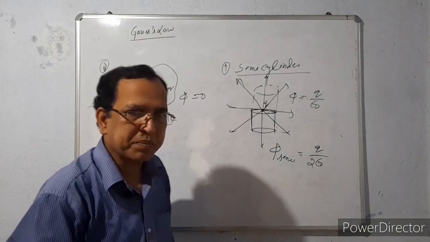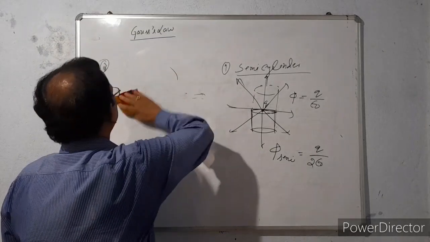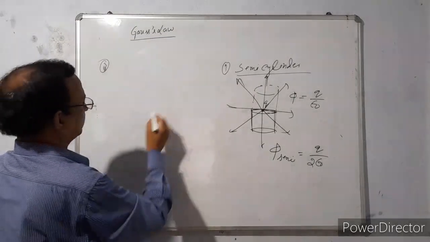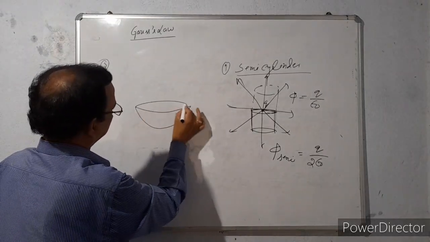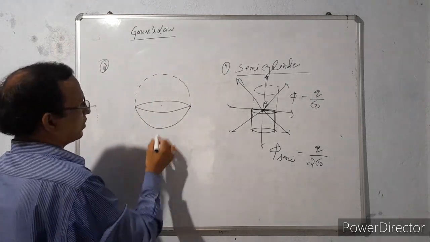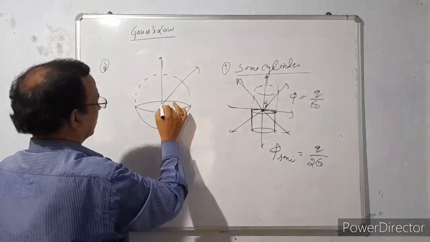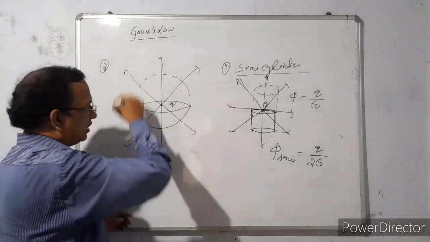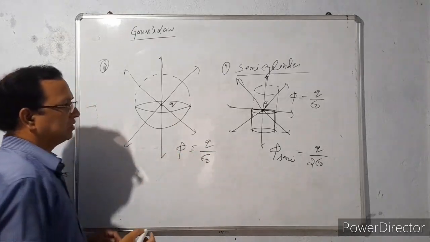In case of a hemisphere, in a total sphere, phi is equal to Q by epsilon naught.